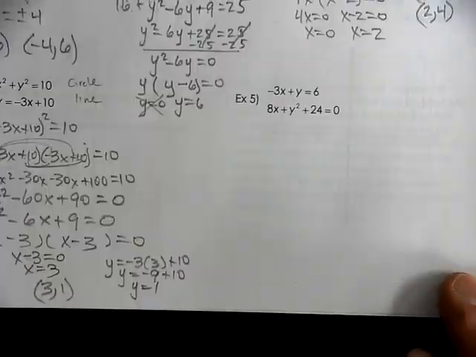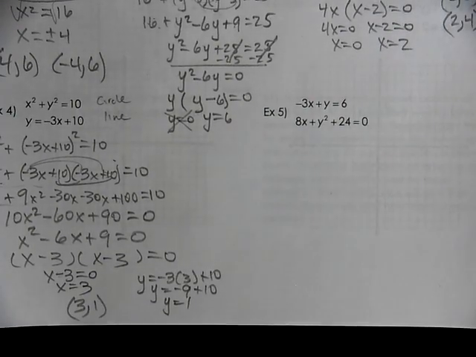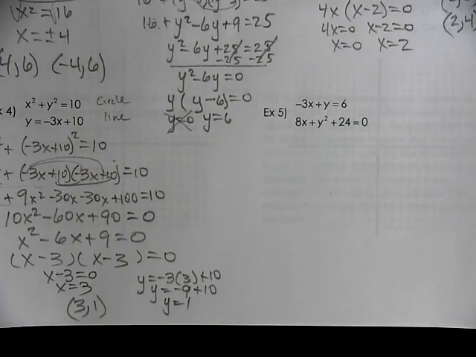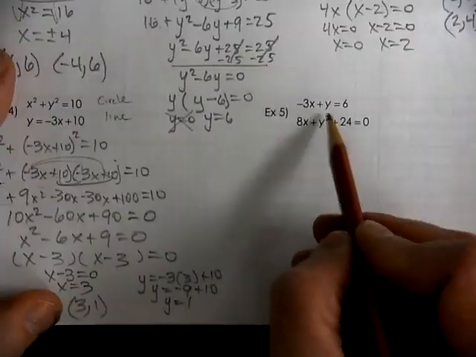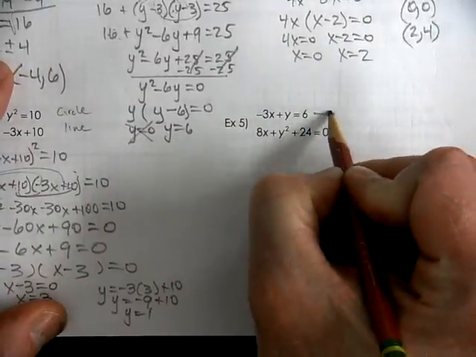And our last question over here, what do you suggest we do? What do you see? What don't you see? What do you need? You've got to isolate one of the variables. Okay?